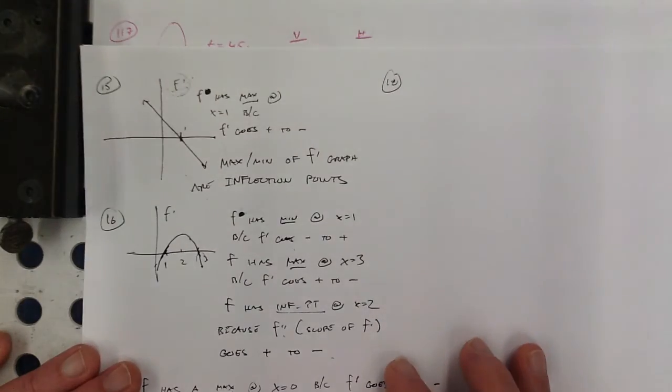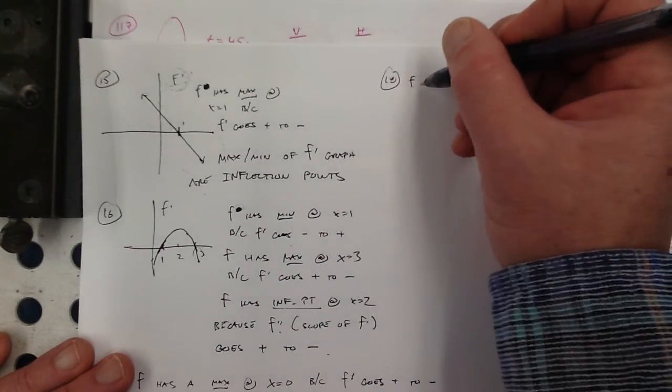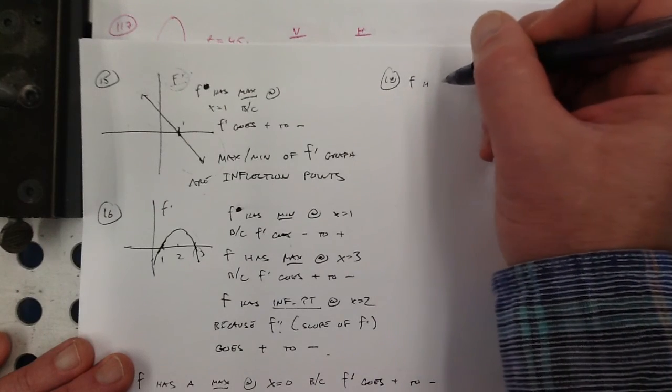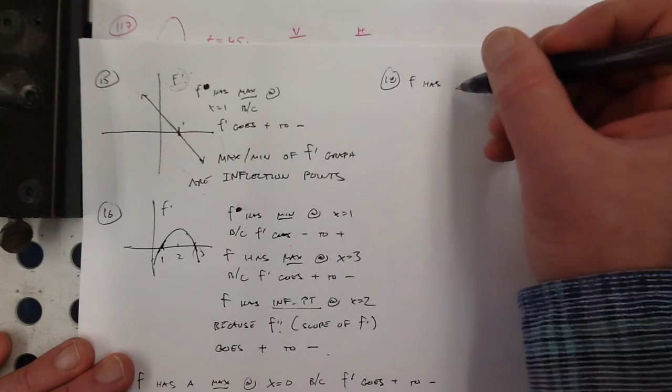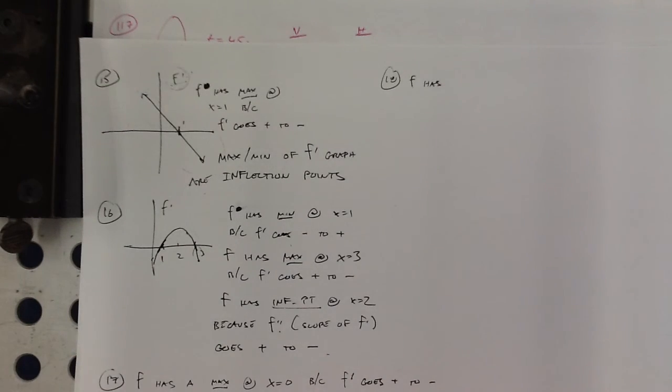Last one. Number 18, you know the drill. What about this thing at -1? What's going on there? Is that a maximum or a minimum? It's kind of like it's trying to be, but it doesn't cross, so it does not change sign. What would the original function look like there?